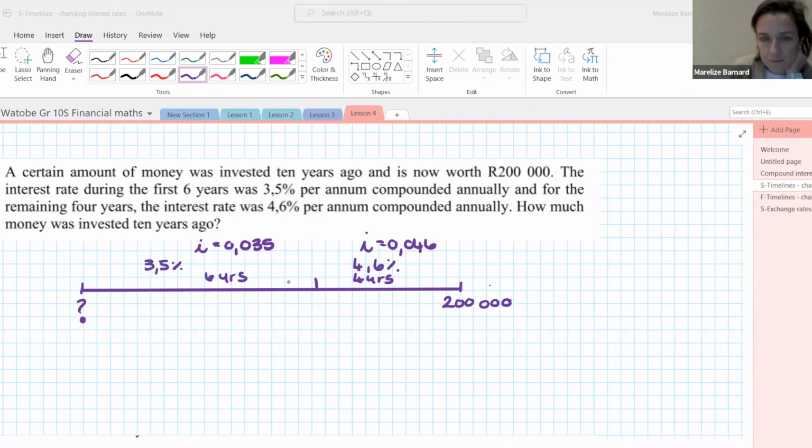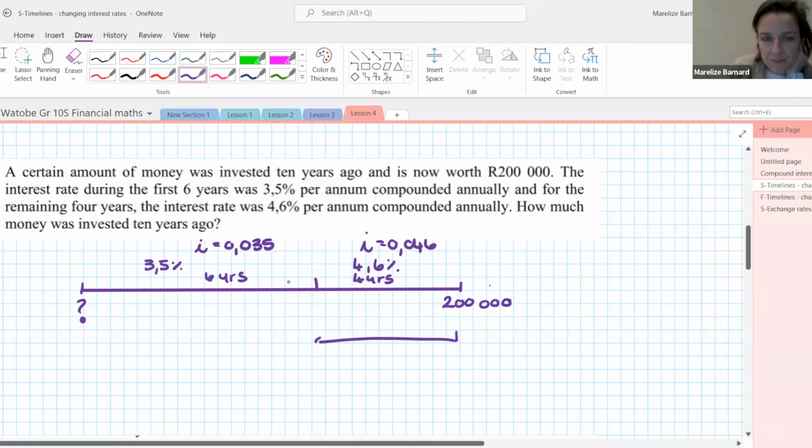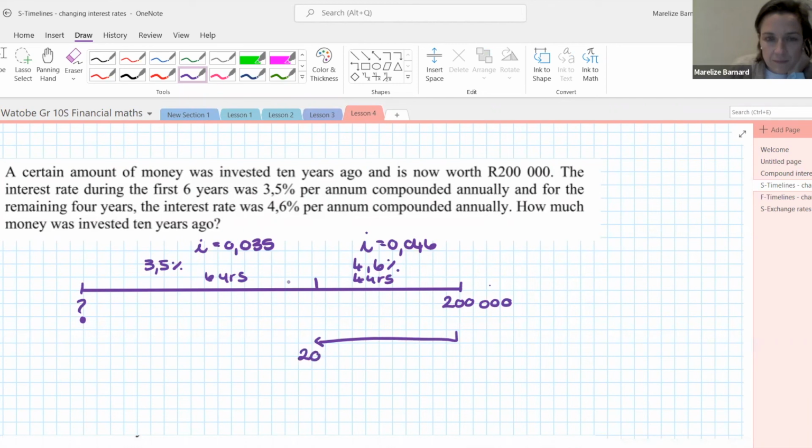So I did the time plan diagram, and then I did 200,000 divided by 1 plus 3,5 over 100 to the power 6 times 1 plus 4,6 over 100 to the power 4. And that's how I got my answer. That's wonderful, Chinamiram. That is exactly right. Well done. Thank you, ma'am.